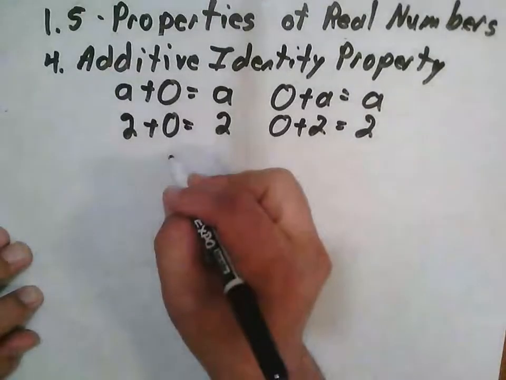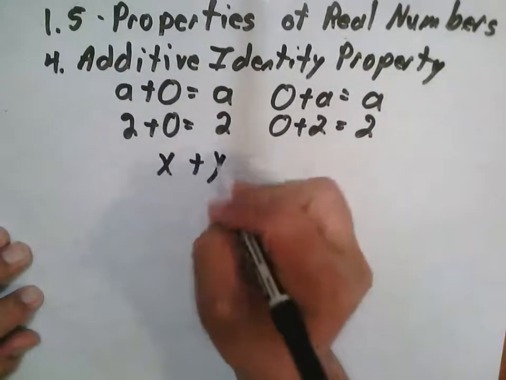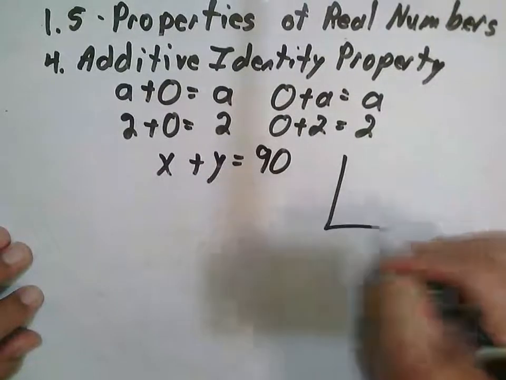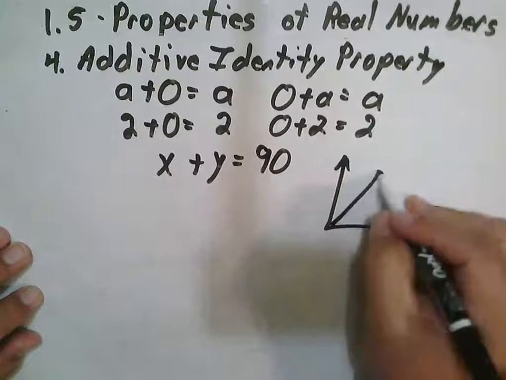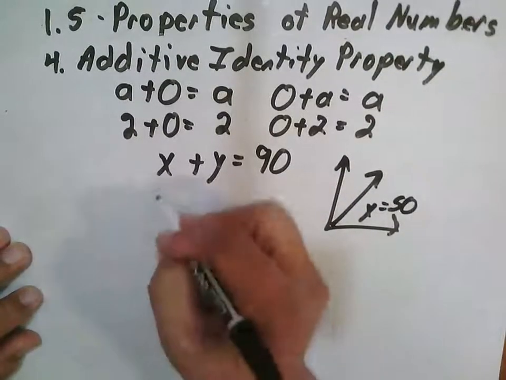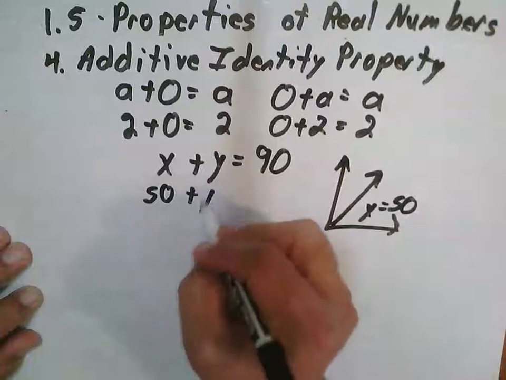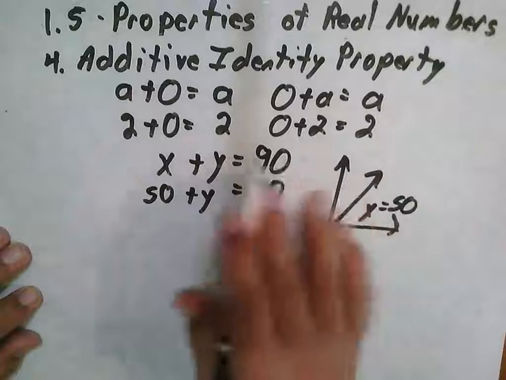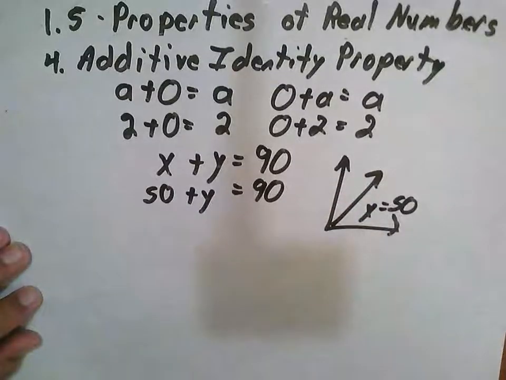The reason that's important, if you think back to our complementary angles, this was the formula, x plus y is equal to 90. Just going to work out another one real quick. Let's say that x is equal to 50. So if x is equal to 50, I just substitute that in. 50 plus y is equal to 90. Well, when I actually solve this, I'm using the additive property, but we really hadn't addressed it yet.